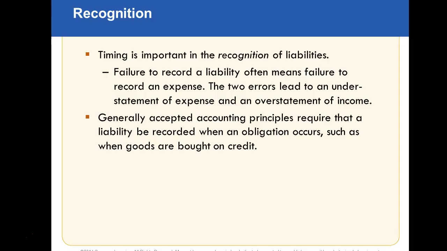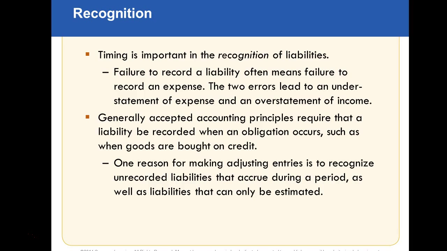What do we debit? Inventory. What do we credit? The payable, because we owe the money. Accounts payable. Do you see? So generally, when we buy goods on credit, we're also going to have a payable. We need to pay someone. We didn't give them the cash right away. We're going to give them the cash or pay it within 30 days or so.